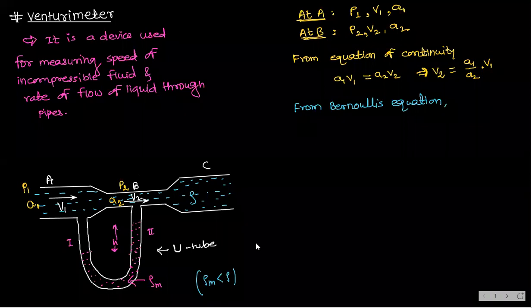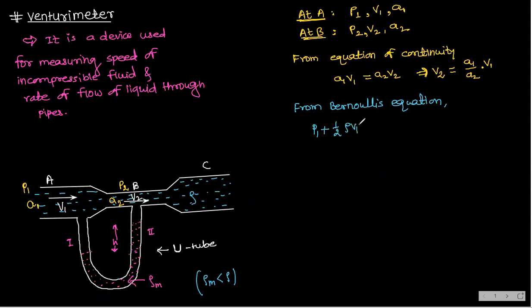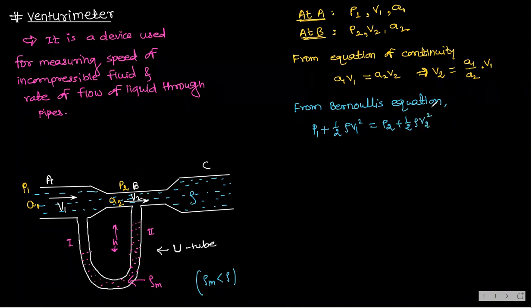From Bernoulli's equation, what I am writing here, see, P1 plus half rho V1 square is equal to P2 plus half rho V2 square. Here H1 and H2 are same, okay? That's why I'm not taking any potential energy per unit volume here, okay? So P1 plus half rho V1 square is equal to P2 plus half rho V2 square.